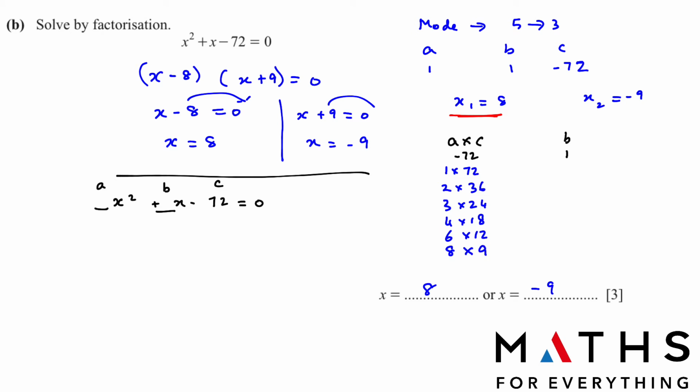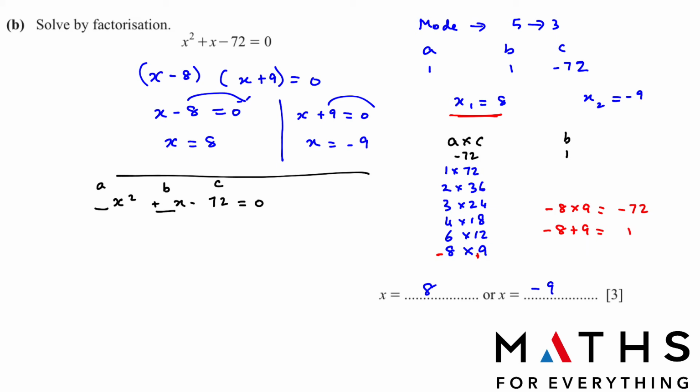Now which, when I multiply, I get -72? So one of the numbers has to be negative. And when we add, we should get +1. So -8 and +9: when I multiply, I get -72, and when I add them, I get 1.